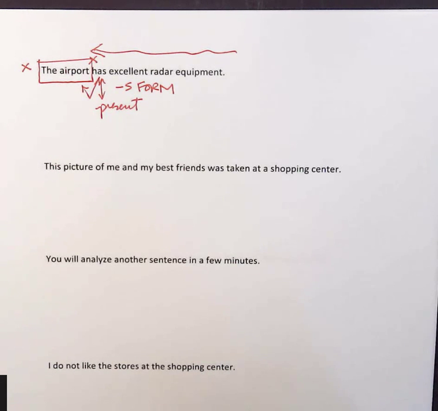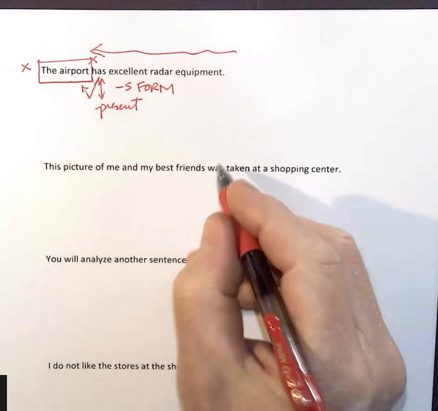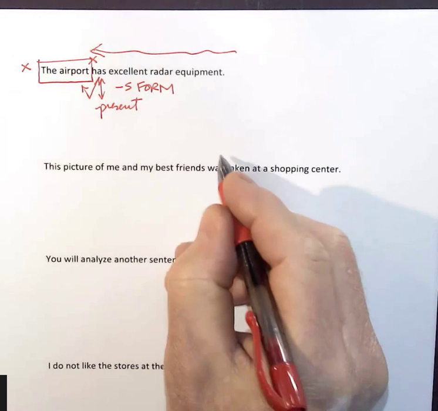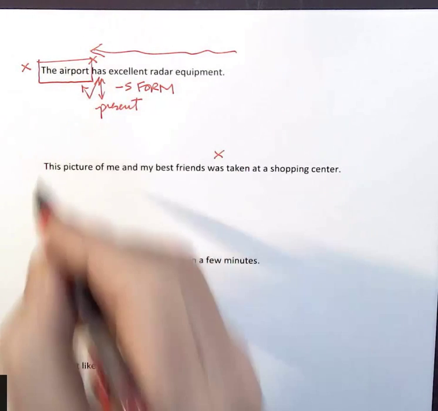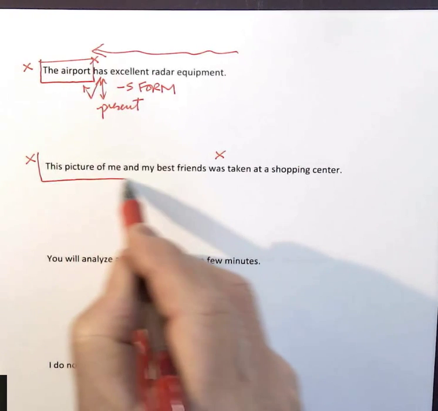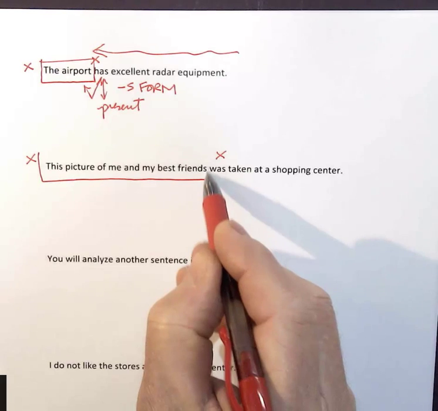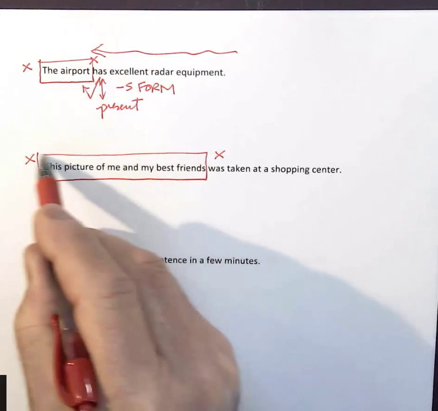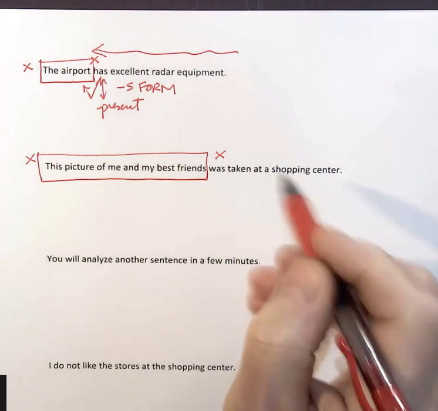The picture of me and my best friends was taken at a shopping center. I don't think there's any shifters. Was is the X word. Was this picture of me and my best friends taken at a shopping center?